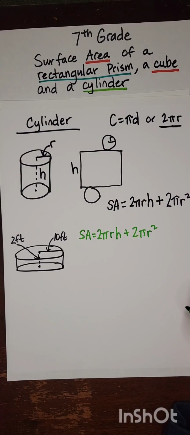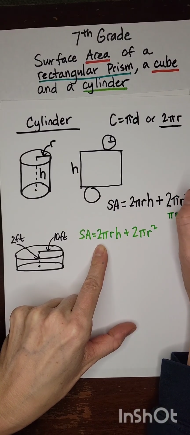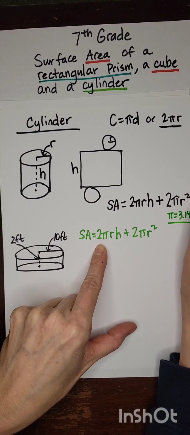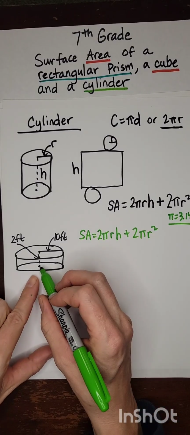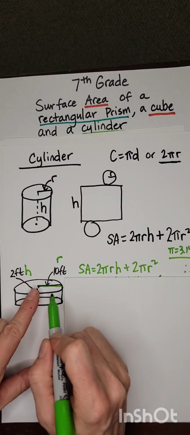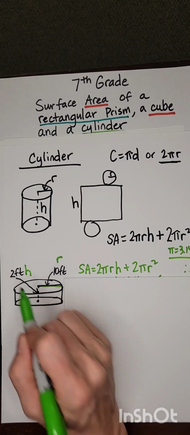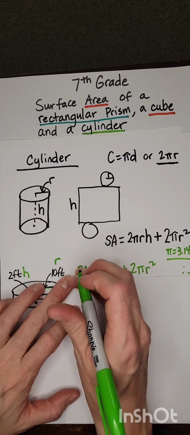And now I'm going to substitute my values. I need pi, r, and h. Pi equals 3.14 all the time, okay? And we just need r and h. So let's look at our picture. R is 10 feet, that's the radius going across, halfway across. And our height is given as 2 feet. So we can go ahead and start substituting into our formula.